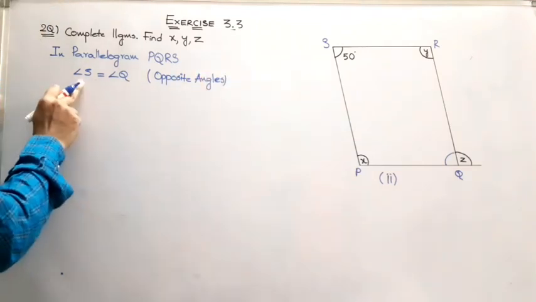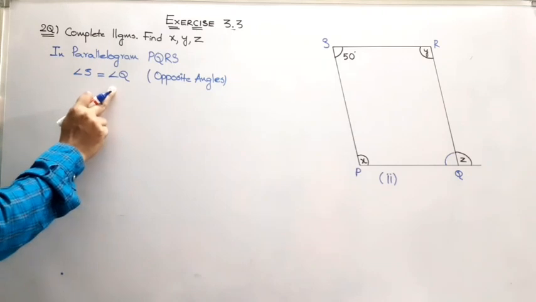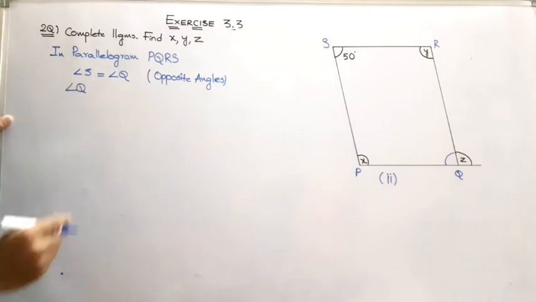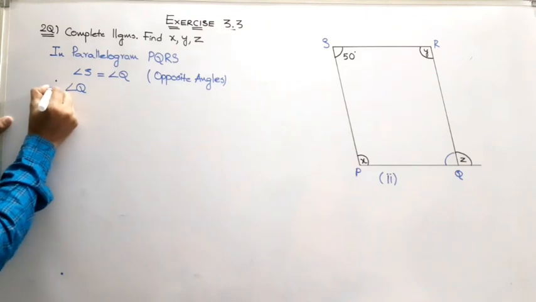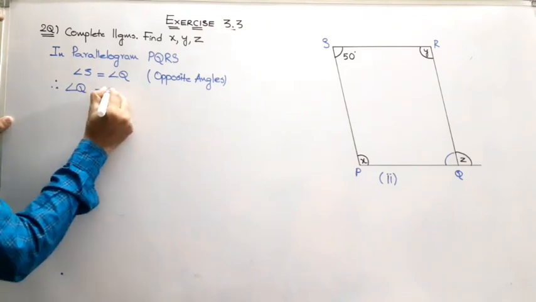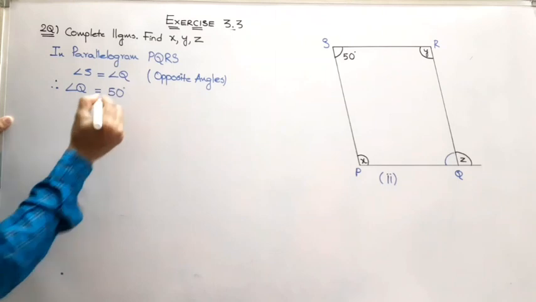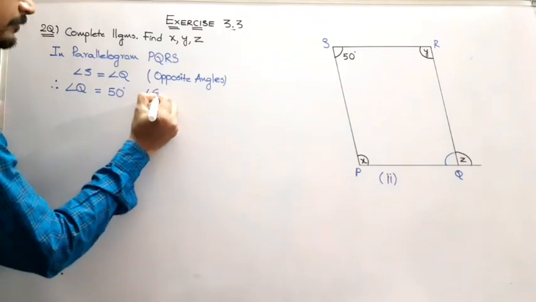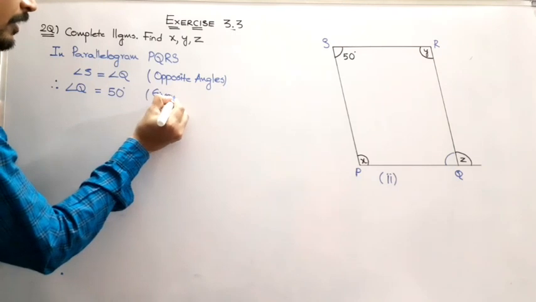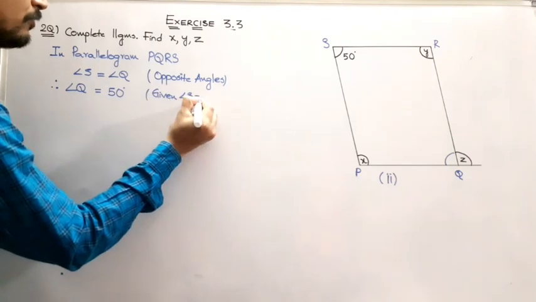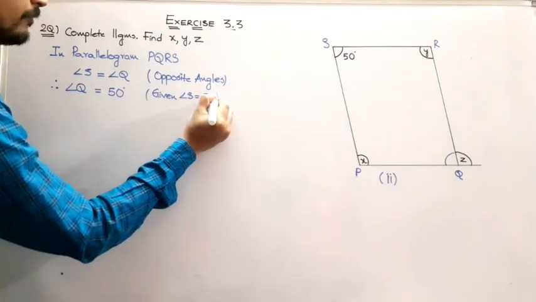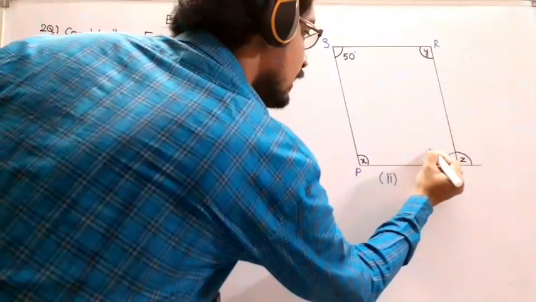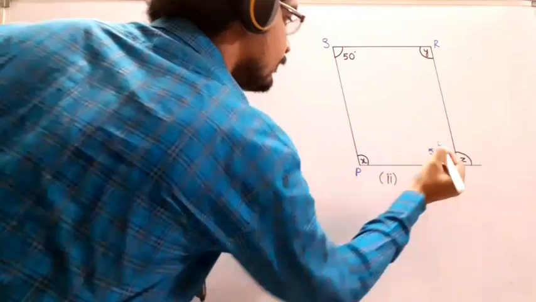If angle S is equal to 50 degrees, then angle Q is equal to, therefore, angle Q is also equal to 50 degrees. Okay, now look. So now we have the value of Q as 50 degrees here.